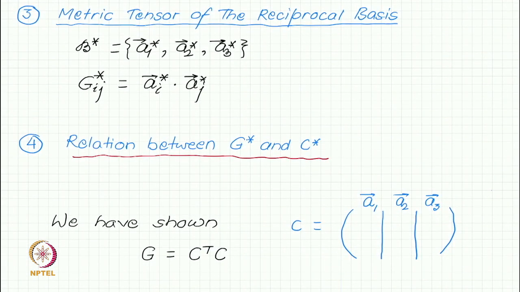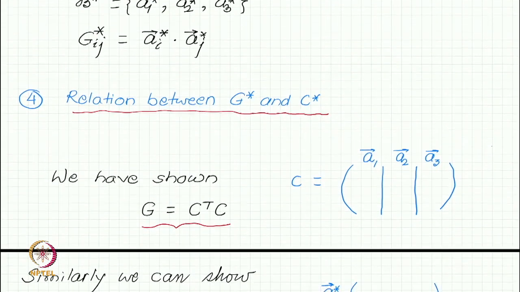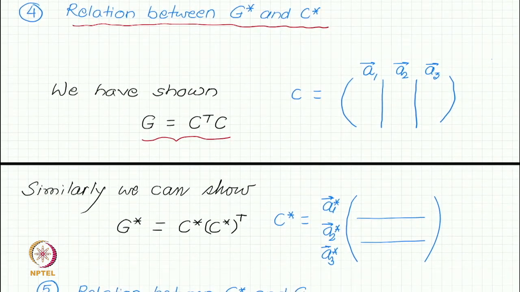Now, we have already shown that the relation between G and C is C transpose C. So, what will be the relation between G star and C star? You may imagine that it will be C star transpose times C star. You will almost be right, except for the fact that you have to change the sequence.